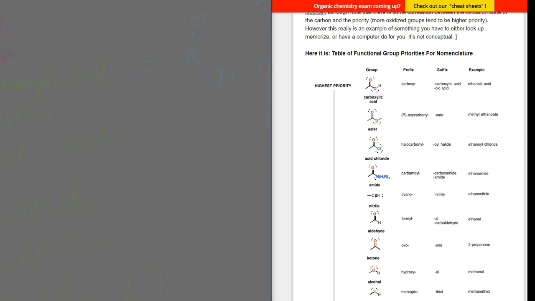An ester will basically be very similar, but this will be an R group. Hopefully if I put R here, that makes sense.